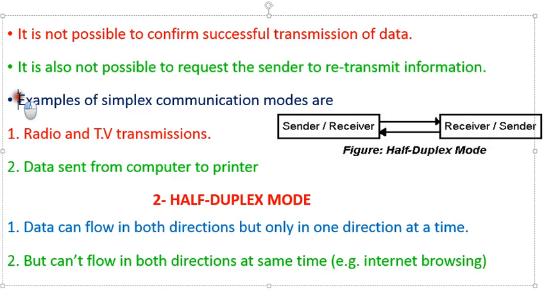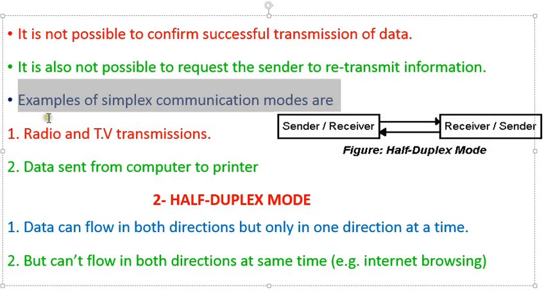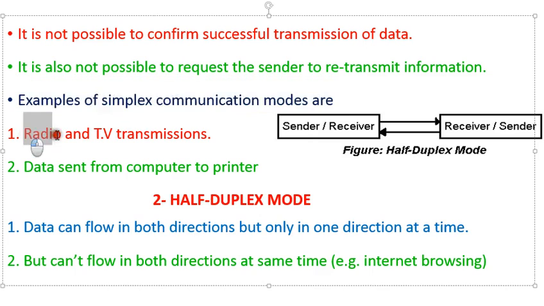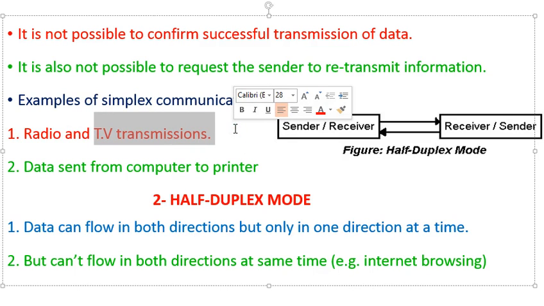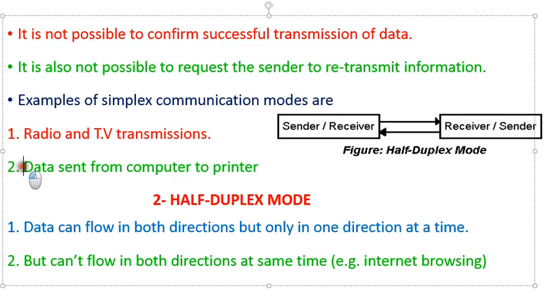Examples of this simplex mode of data transmission include radio broadcasting. The radio station just broadcasts out to the receivers, but the receivers cannot send back to the transmitters. The same applies to television transmitters. They will send, but they cannot receive from their receivers. Another example of the simplex mode is the data sent from the computer to the printer.